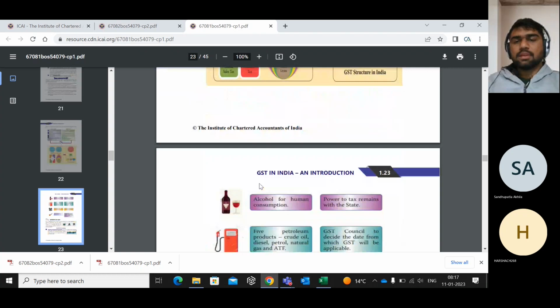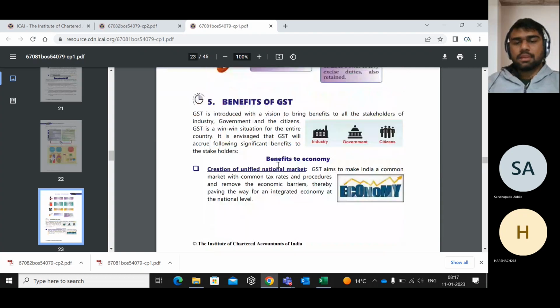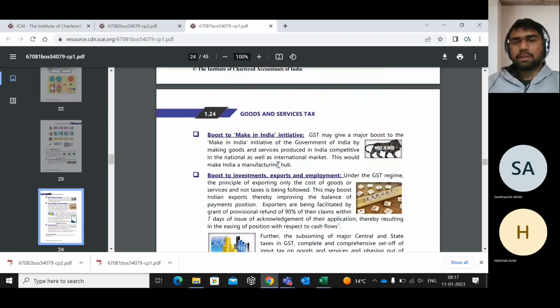What are the benefits of GST? You can look into this. Why did they introduce GST in India? Benefits to small traders, entrepreneurs. Constitutional provisions, Article 265 to 45. You can look into this. Justice and theory.